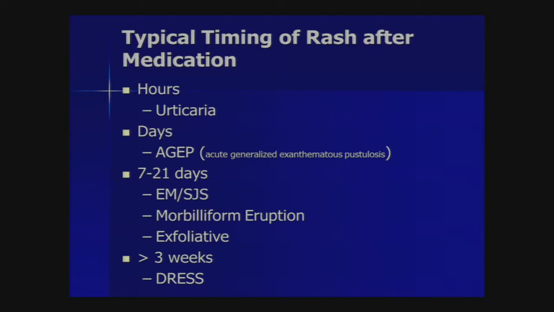If it's days, there's something called AGEP, or acute generalized exanthematous pustulosis. If it's about a week to 3 weeks later, it's more SJS, Stevens-Johnson syndrome, morbilliform eruption, or exfoliative dermatitis or erythroderma. And if it's longer, about 3 to 4 weeks, it's more DRESS, which we'll talk about what that stands for.